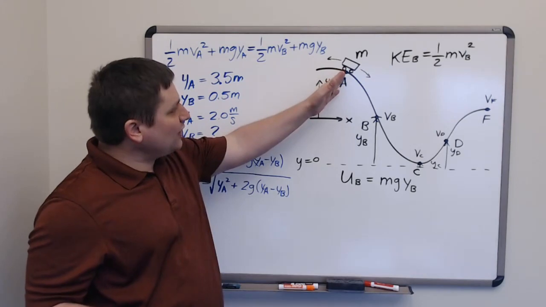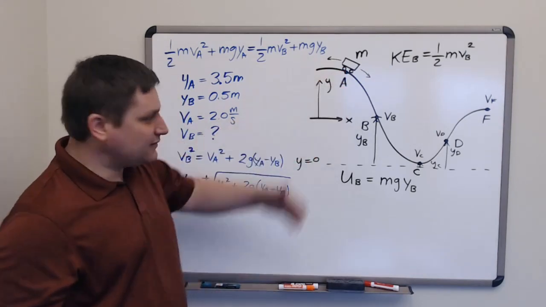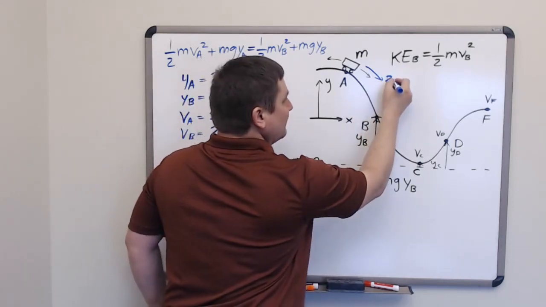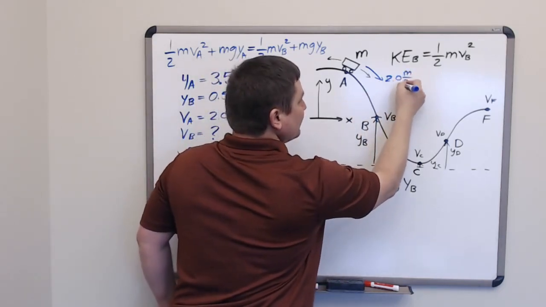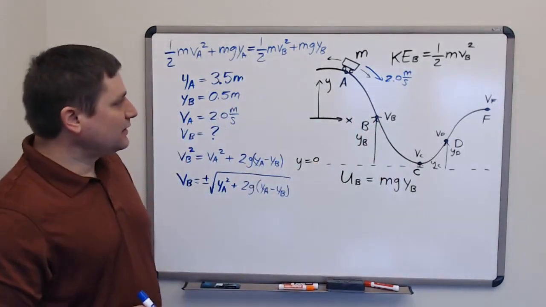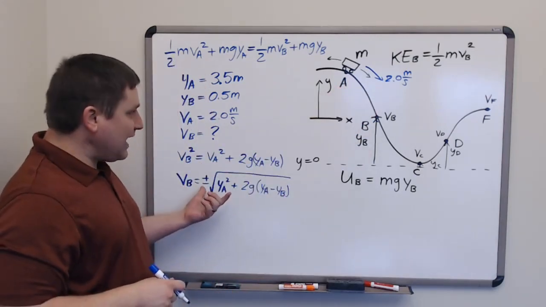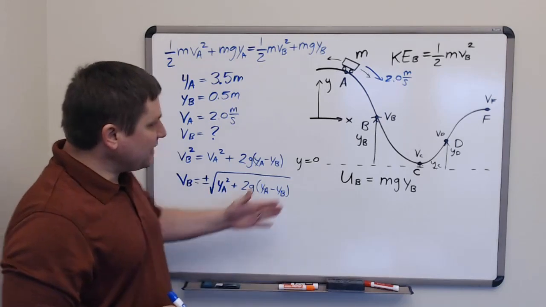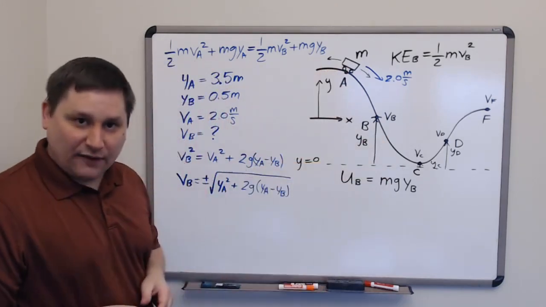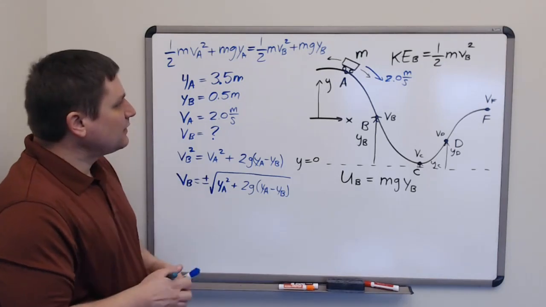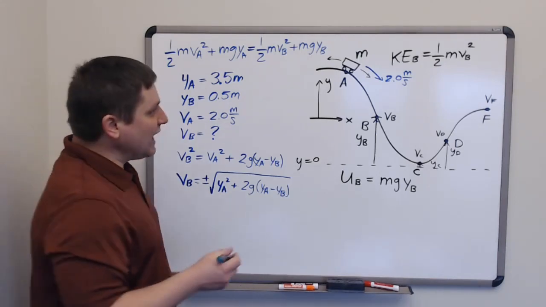If this object was at location A, say rolling down the hill at 2 meters per second, if I assumed that, then it would make sense to choose the positive value here, vB, continuing to go down the hill. But the other assumption is not wrong.